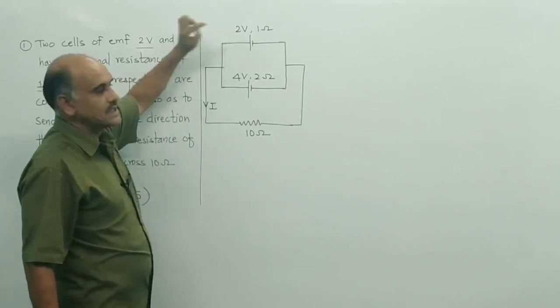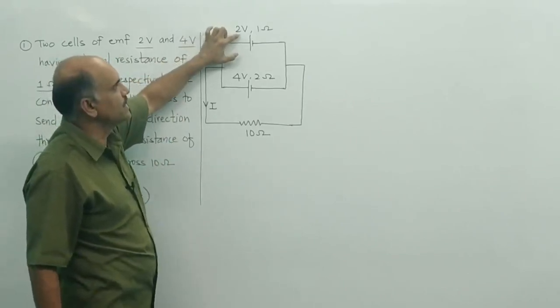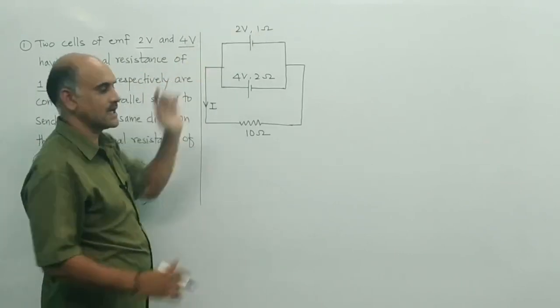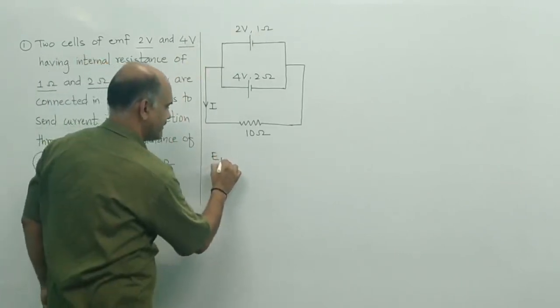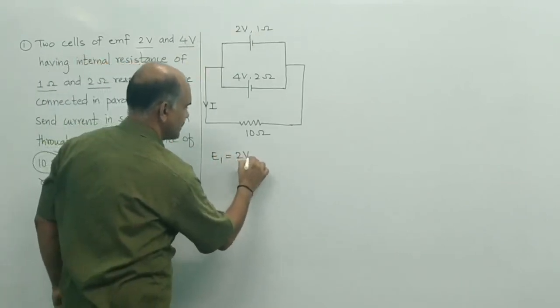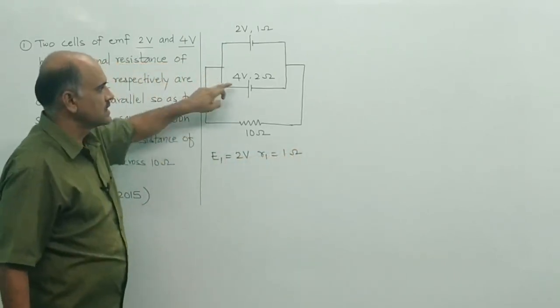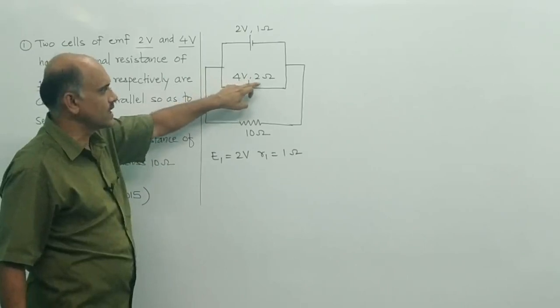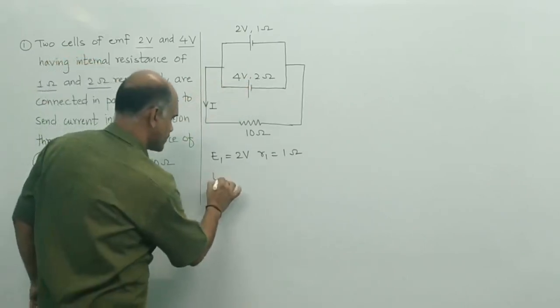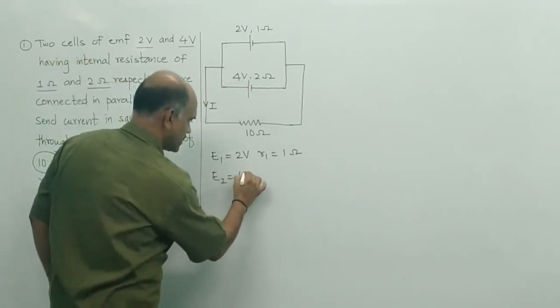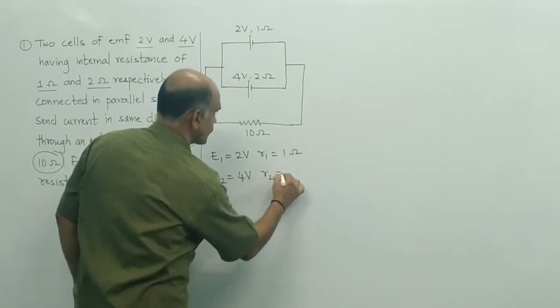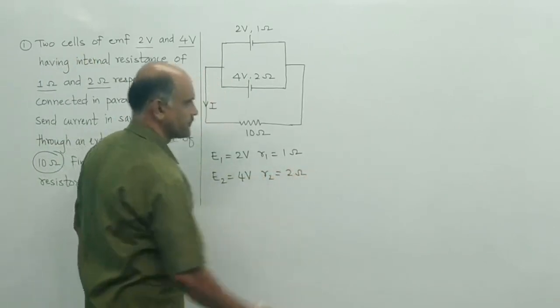So first, this cell value I will take as E1 and R1. So E1 is 2 volt, R1 is equal to 1 ohm. This I will take as E2 and R2. E2 is equal to 4 volt and R2 is equal to 2 ohm.